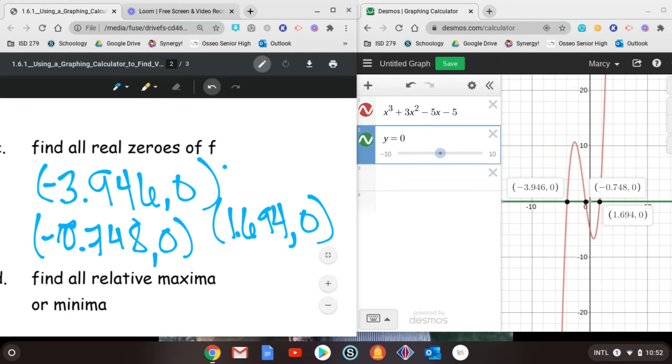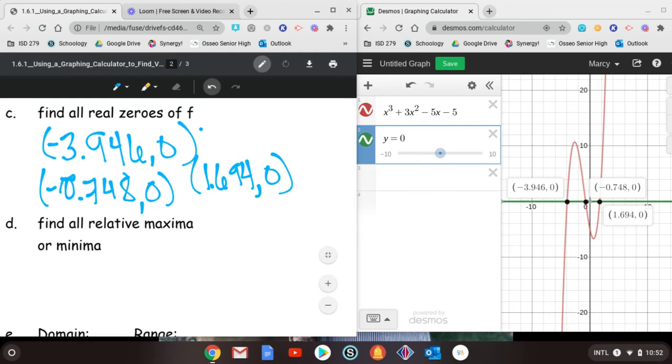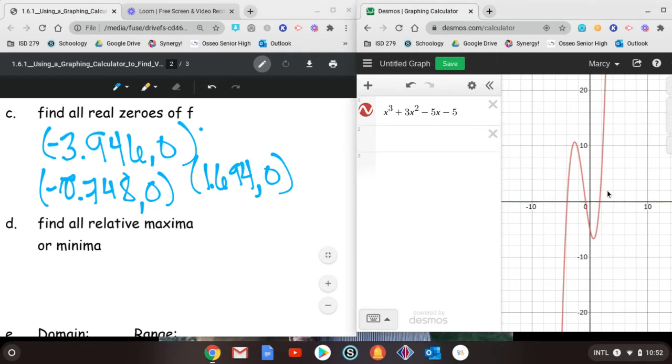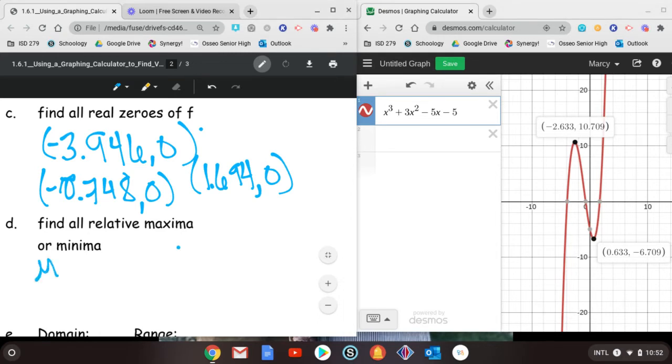The ones that we do by hand are going to be a lot nicer. Okay. All right. So here, all I have to do is click the graph, and I'm clicking the maximum, and then I click the minimum. That is your relative maximum or minimum. So now I write max.